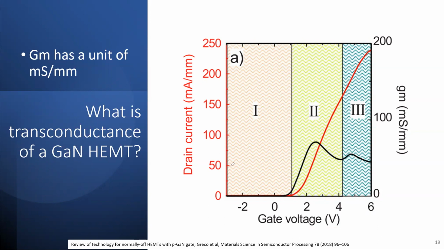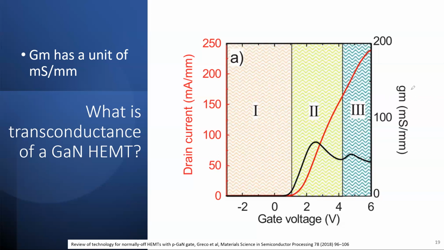Let's look at this picture. At 2 volts, and then if you change to 3 volts, this is what you're going to get. From 2 to 3 volts, you change from about 40 to 100 milliamps.